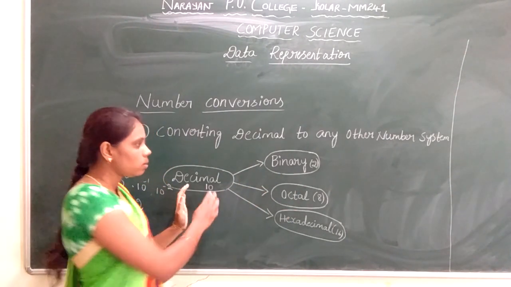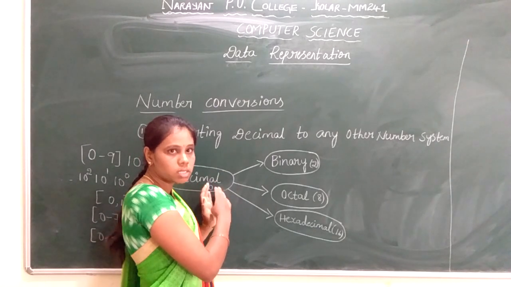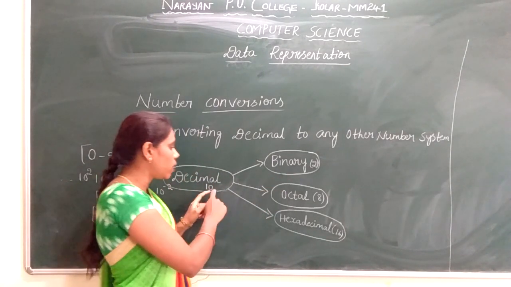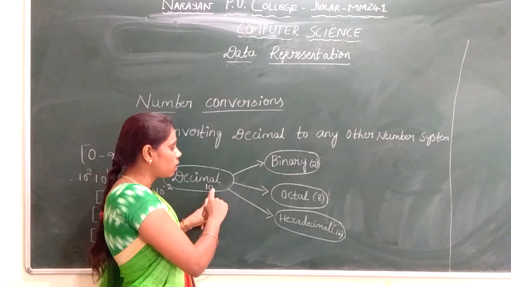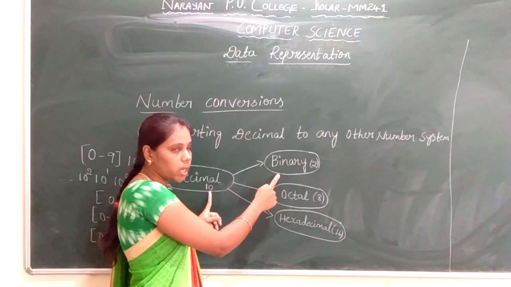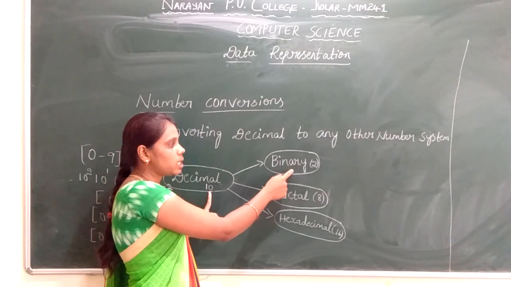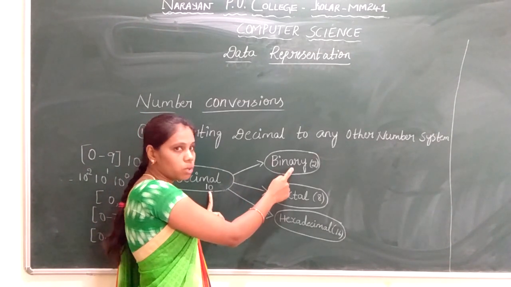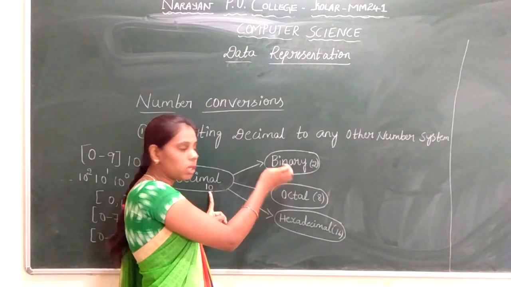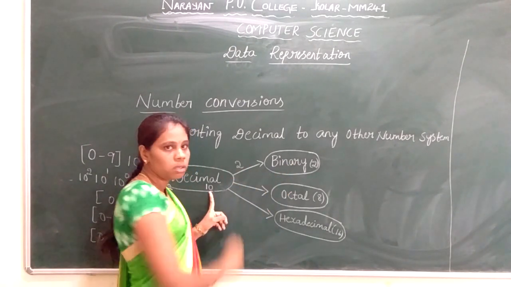Destination base means the number system to which we are converting. For example, if I need to convert a decimal number to the binary number system, the destination base will be 2. Hence we need to divide the given number by base 2.